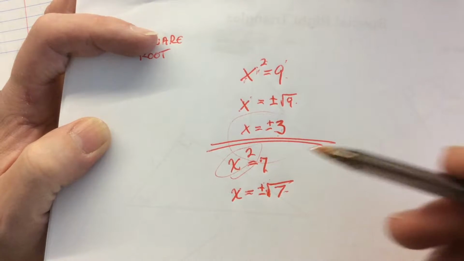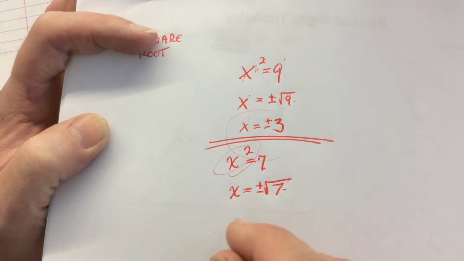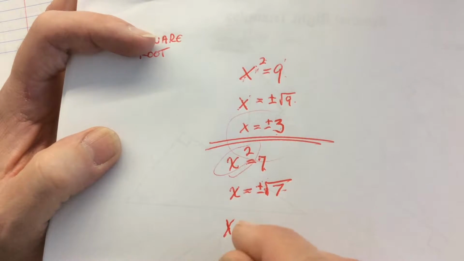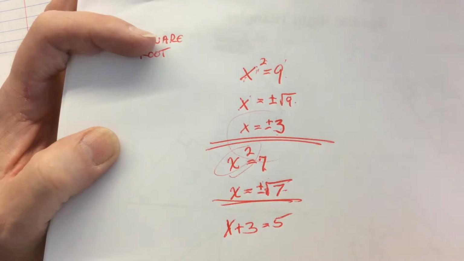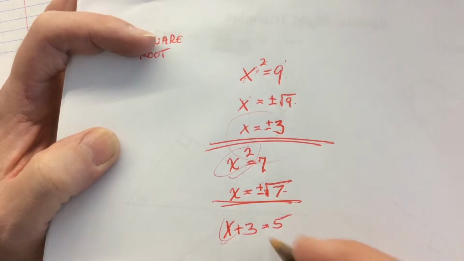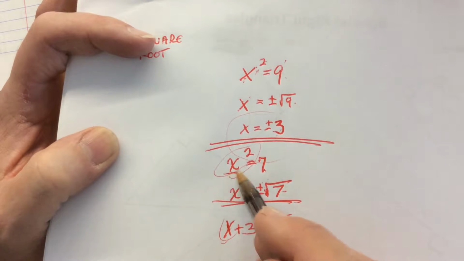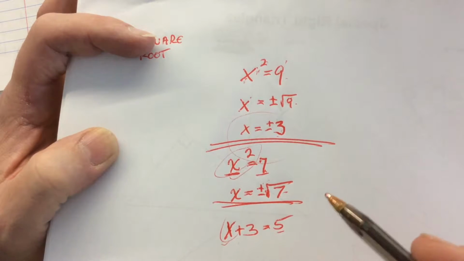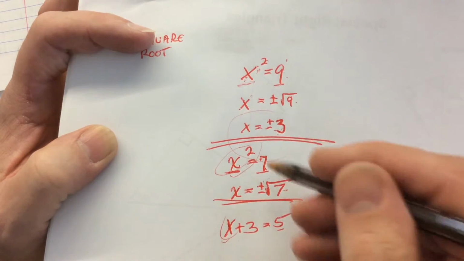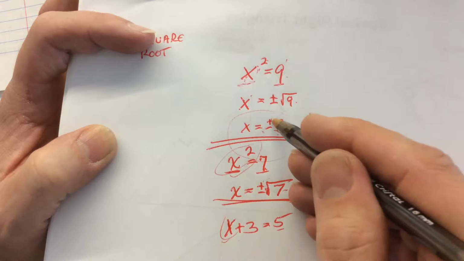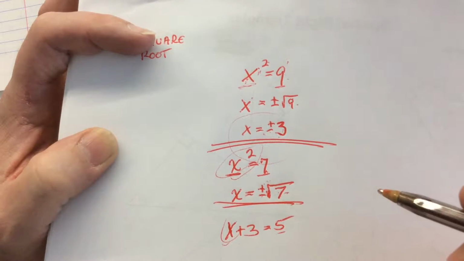Just like when you're trying to get the answer to a problem that looks like this, you're looking for the number you can put in for x that'll give you 5. Well, here you're looking for the number you can put in for x that'll give you 7, or the number you can put in for x that'll give you 9. And in these cases, there are two solutions, plus or minus 3, or plus or minus the square root of 7.